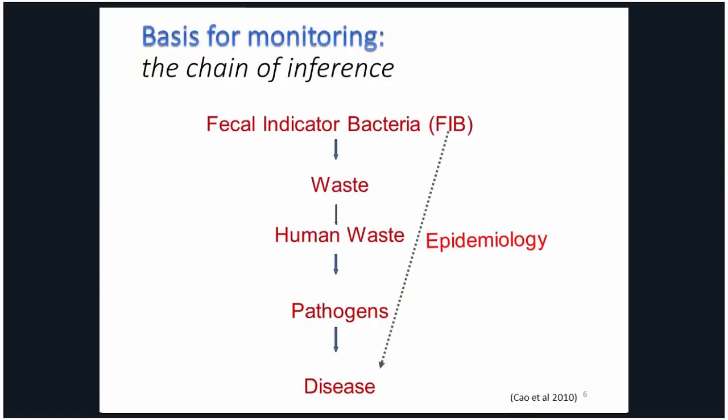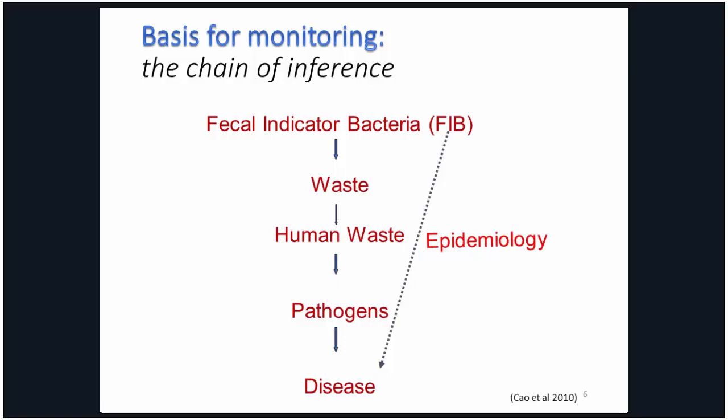The reason this type of monitoring is protective of public health risk is the chain of inference. When you see a high concentration of fecal indicator bacteria, it's inferred that you may have waste in your water, and that you may have human waste.